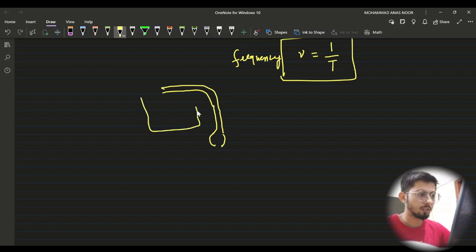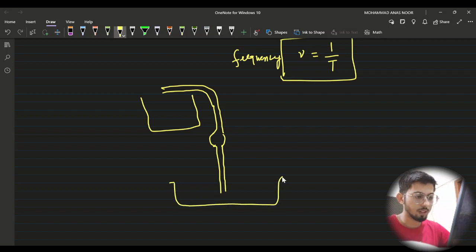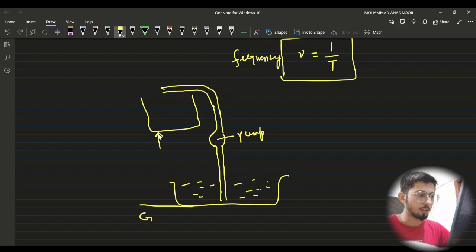This is a tank, let's say at some height. Let's say there is another tank from which it extracts water. This is water filled in, and this is a pump which pumps water all the way to the top. This is the ground here, and this will be the height of the tank.